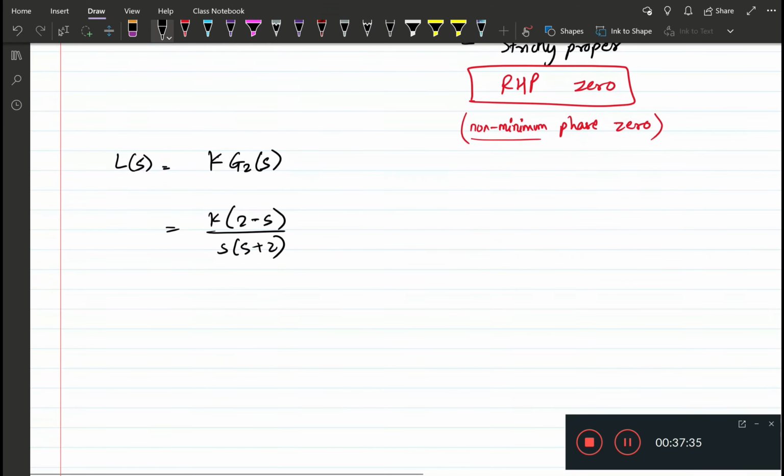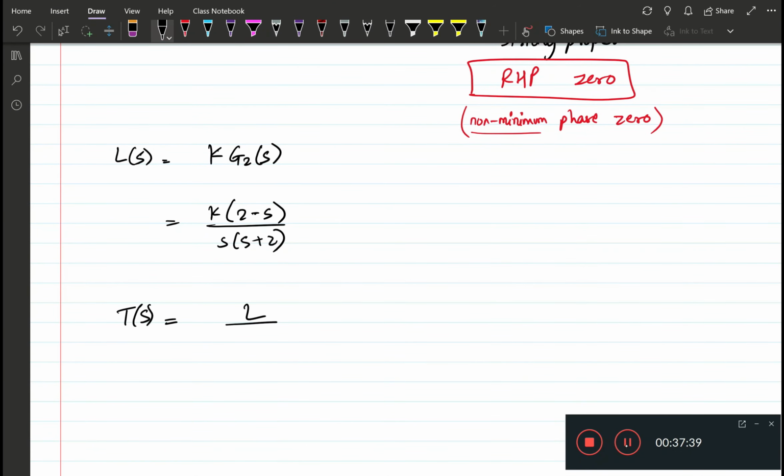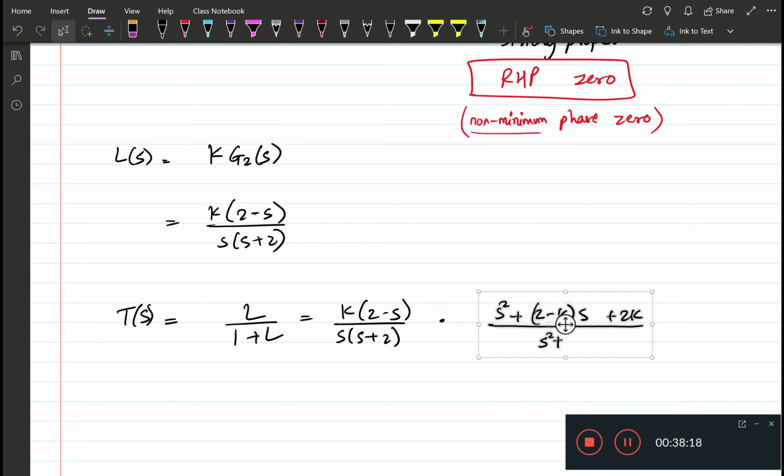The closed loop transfer function T(s) is just L over 1 plus L, which is k(2 minus s) over (s plus 2) times 1 plus L. You can work this out.